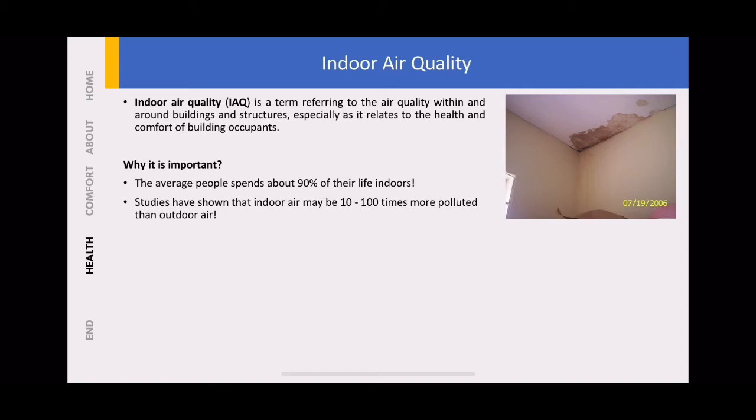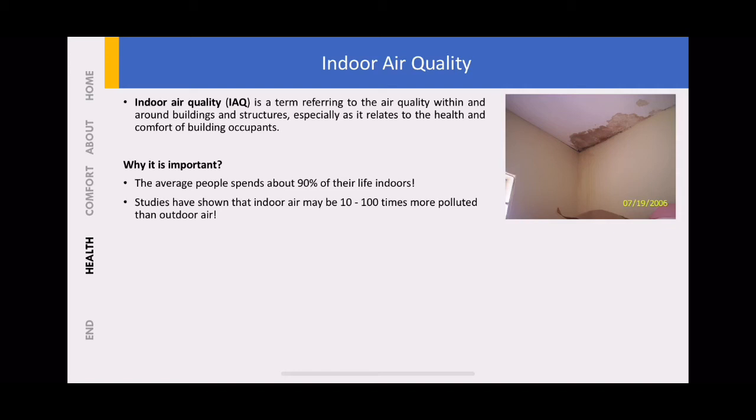Originally, buildings that we have here in Malaysia were built either during the 70s, 80s, or 90s. At this period of time, air conditioning system was not really important in developing or designing the structure of the space, right?